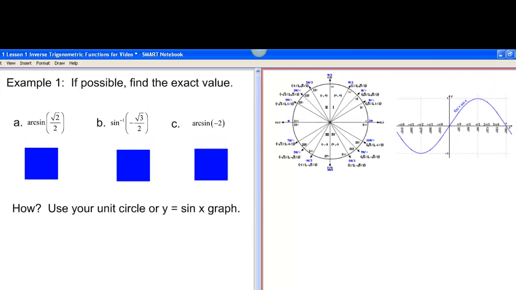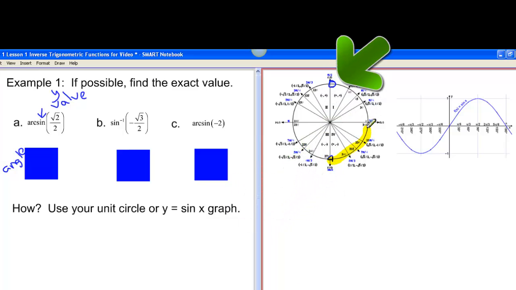If I look at the arc sine of root 2 over 2, notice that we are inputting a value. And by finding the arc sine or the inverse sine, it's going to yield an angle. So specifically, because it is an arc sine, I am looking for a y value either on my unit circle or on the y equals sine x graph that is root 2 over 2, but the domain is between negative pi over 2 and pi over 2.